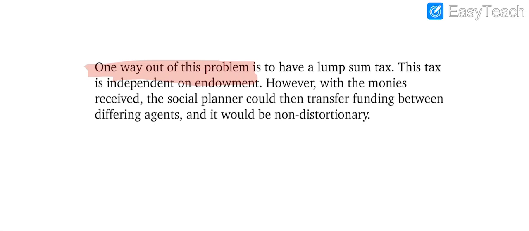These lump sum amounts can be transferred between the agents by the social planner. That was all for today's lecture, and so the exchange chapter is now complete. In the next lecture we will start the next chapter, inshallah. Allah Hafiz.